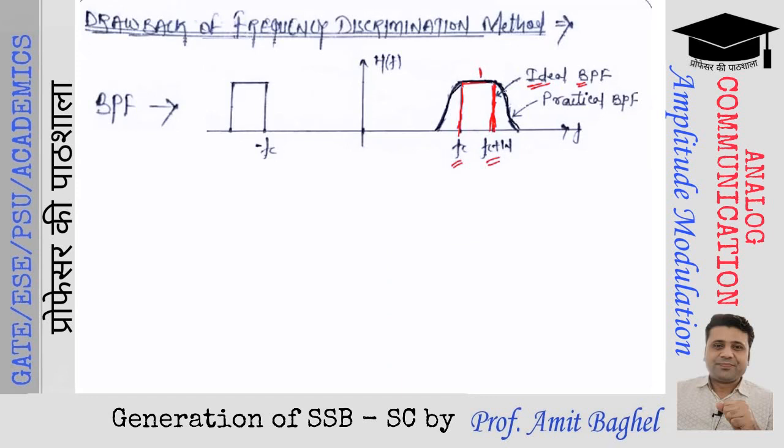So what happens practically is that the sudden transition from 1 to 0 is an ideal concept. But in practice, the band pass filter output changes from 0 to 1 or 1 to 0 gradually, slowly.